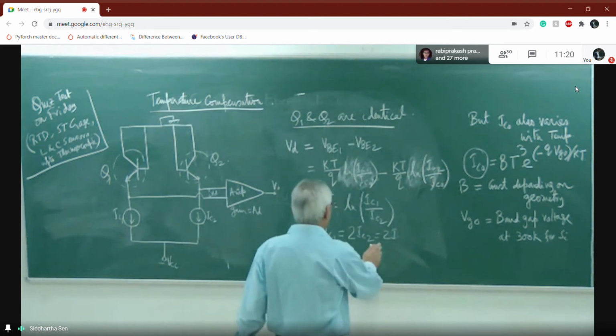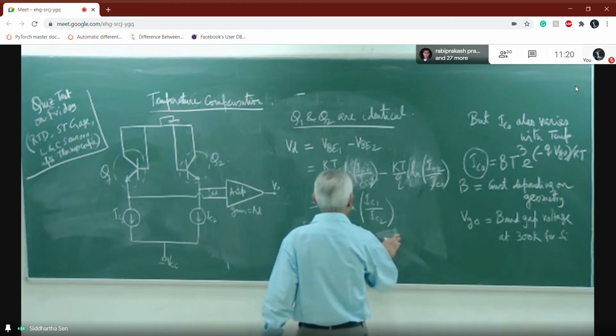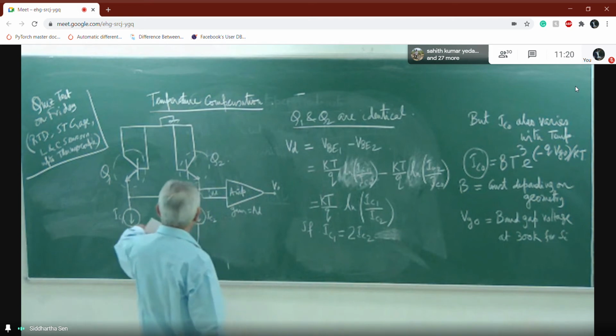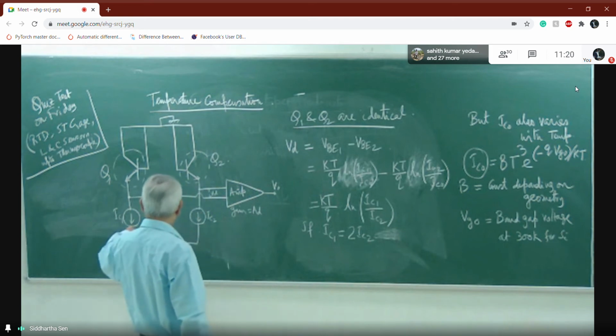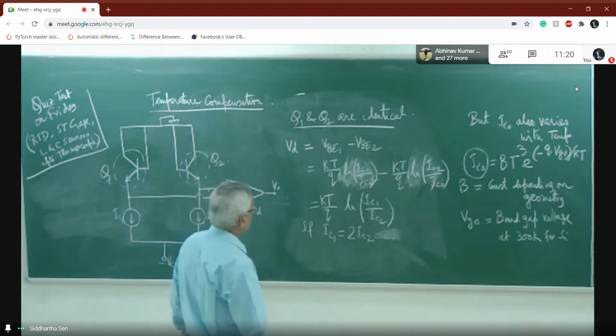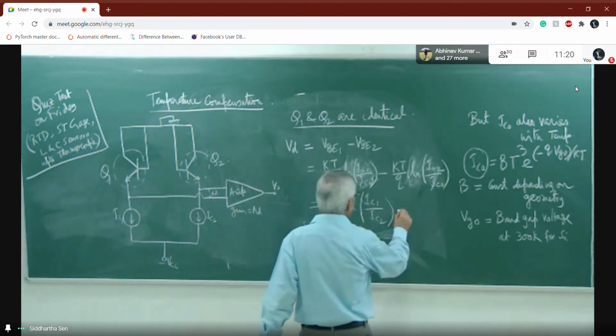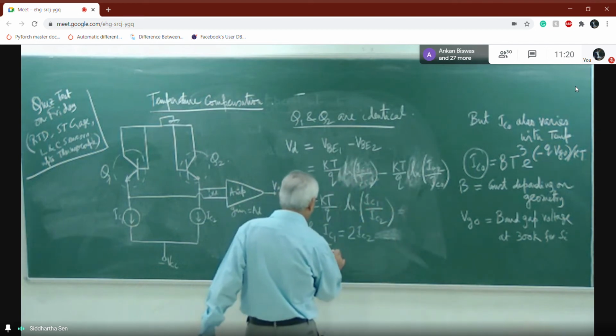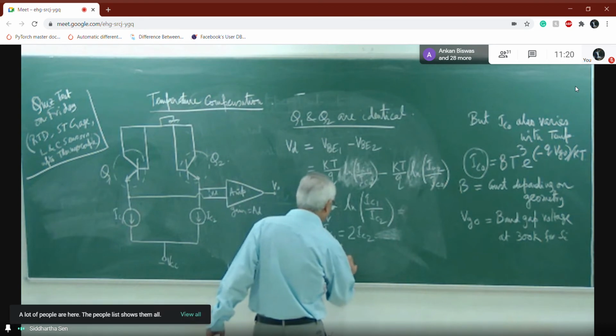I said IC1 is equal to 2 of IC2. That means the current sources I just designed such that this is double the current of IC2. So it will be K by Q into log natural of 2.